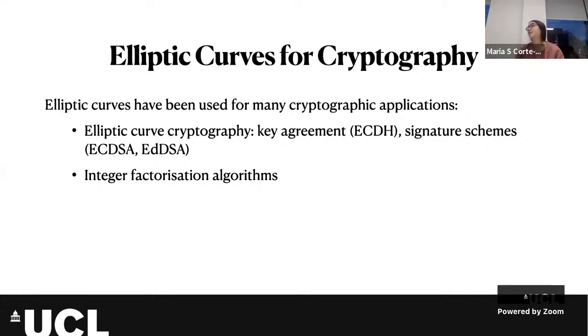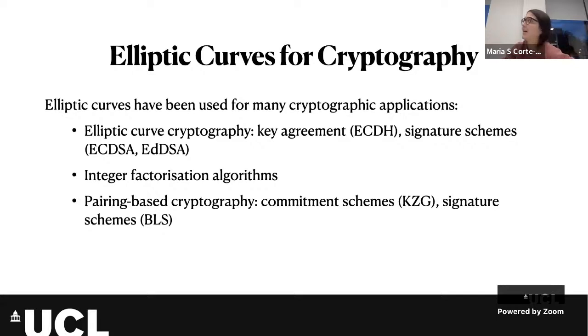They've also helped in cryptanalysis. Another widely used primitive is RSA, which is based on the hardness of factorizing large integers. You can use elliptic curves to attack these schemes by giving better than generic algorithms against integer factorization.